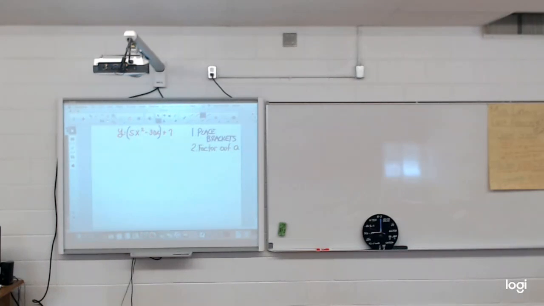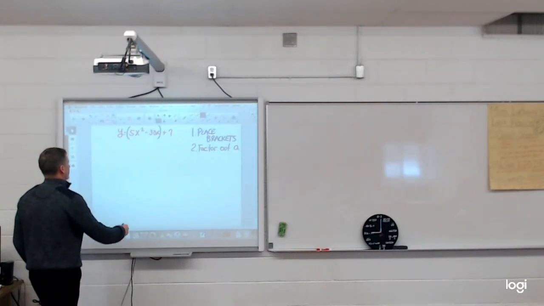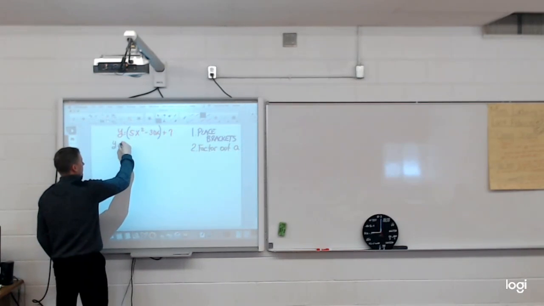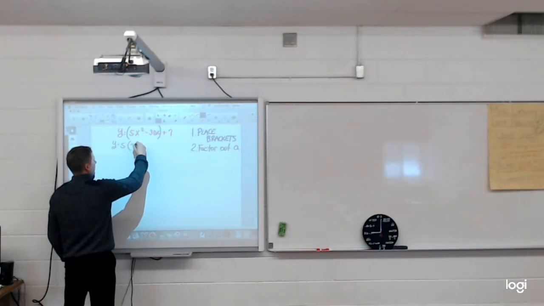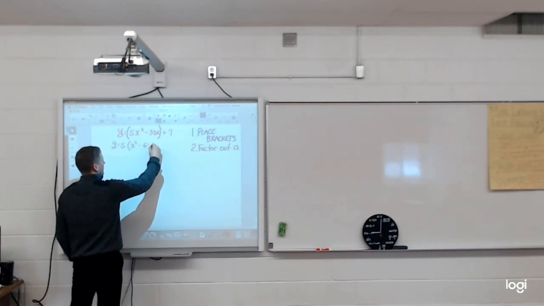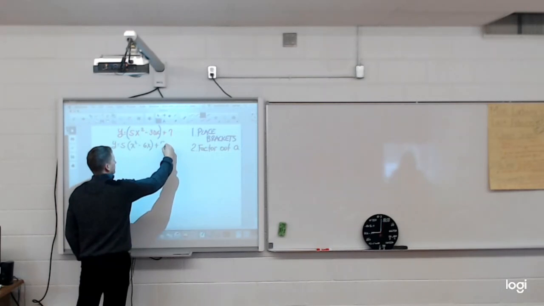So what's my A value in this? 5. So I factor a 5 out, and I rewrite it as y equals 5 times (x squared minus 6x) plus 7.